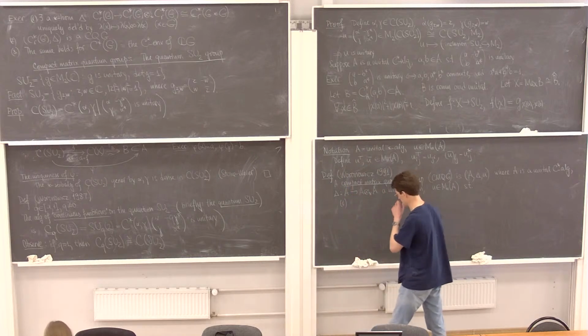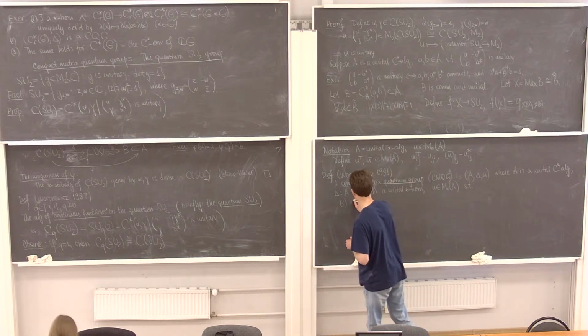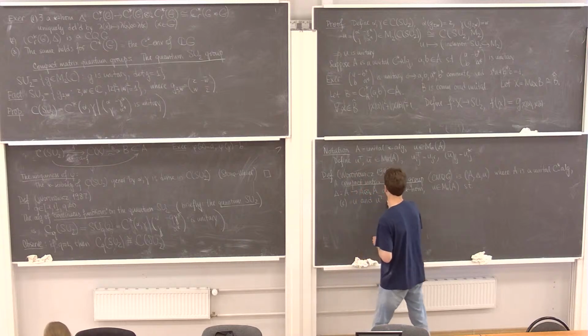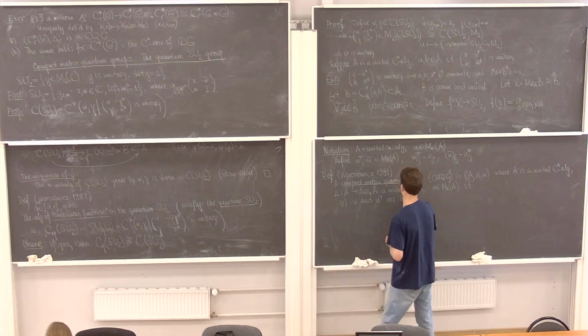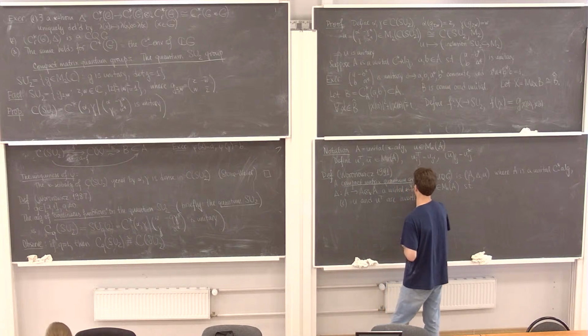First of all, we claim that both U and U transpose are invertible matrices. This is condition 1.